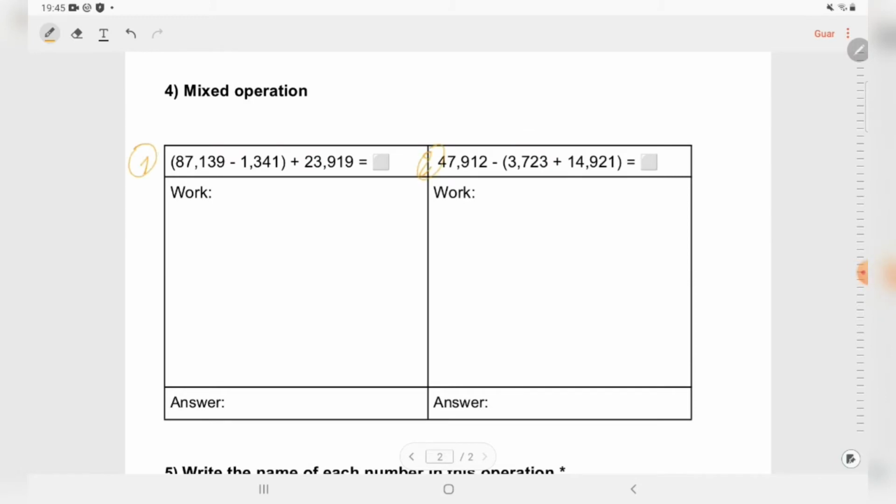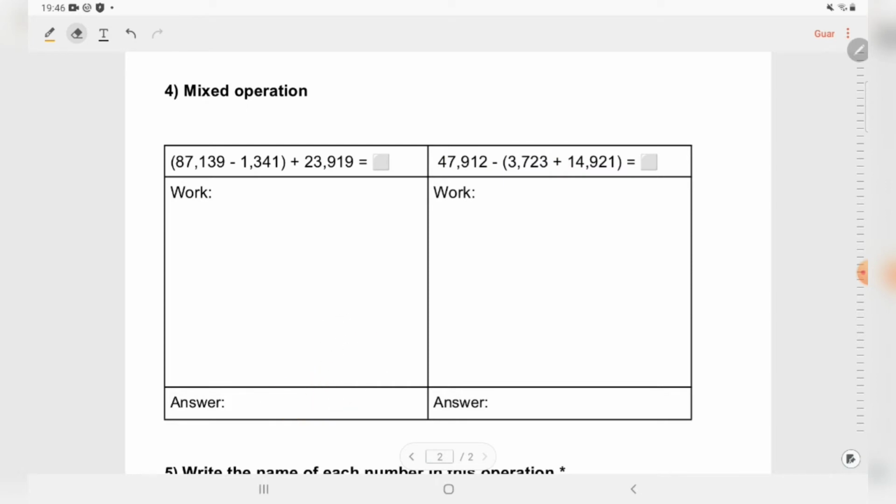As you see in these operations we have brackets because we have different operations mixed together, subtractions and additions. So here we have to develop the work and write the answer down here. After I'll give you more details.